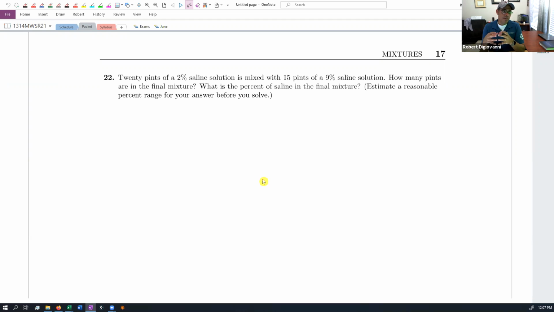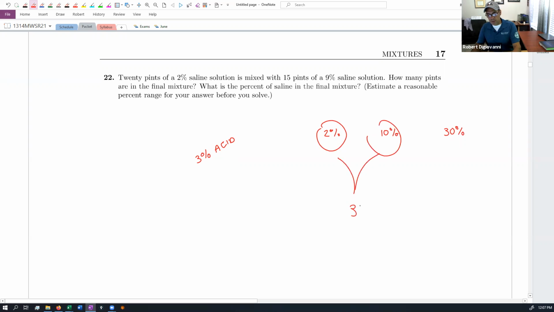A lot of times the professor will go into the back of the lab and mix up a batch of acid for you. Maybe you need a 3% acid solution. Well, in the back of the lab, they don't have a 3% acid solution. They usually have a 2% and maybe a 10% and maybe a 30%. And they can just mix these together in a certain way to get your 3%.